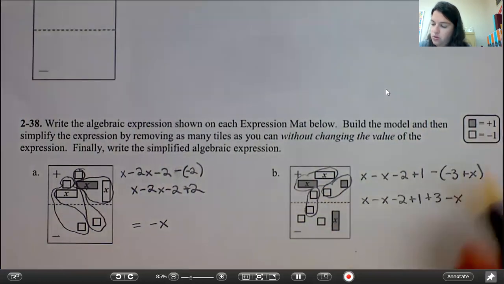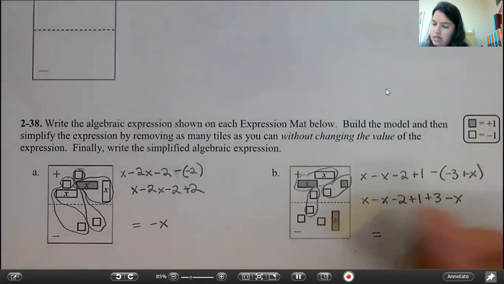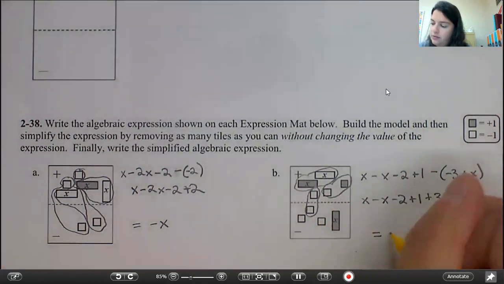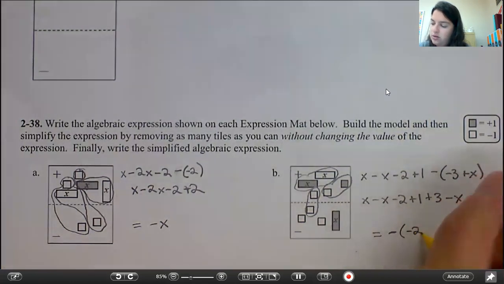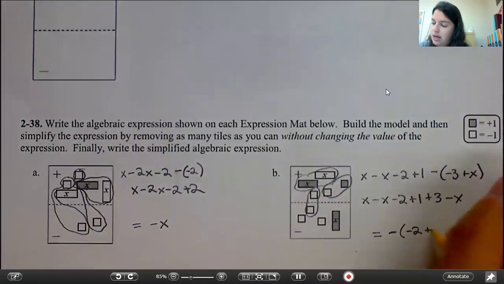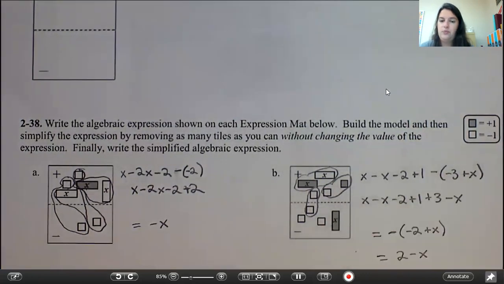Well, we have in the negative region, 2 negative tiles and a positive x tile. So when we distribute that negative, we would have 2 minus x, which is what we have left on our mat.